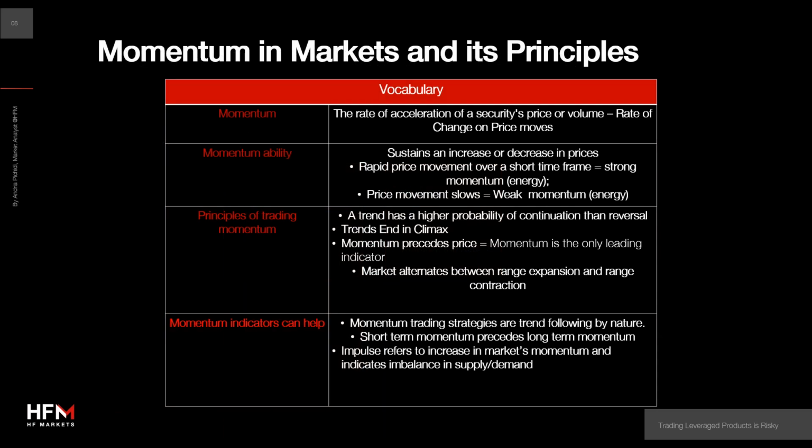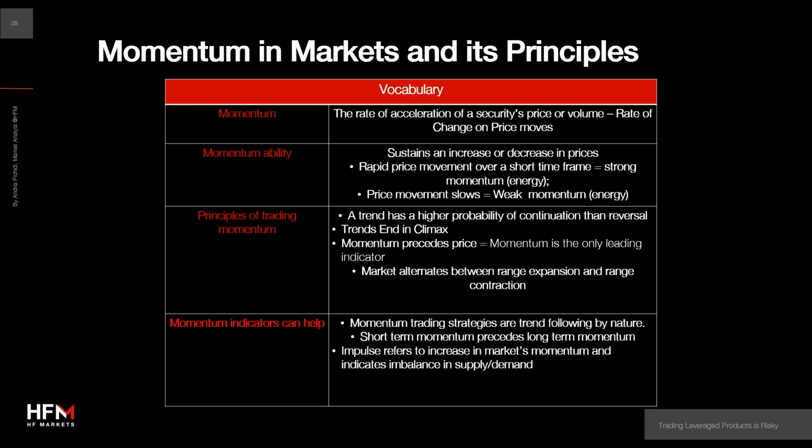So a bit of definitions, a bit of explanation. As I said, the simplest way to understand momentum is to think of it as a kind of strength, or if you prefer, speed.